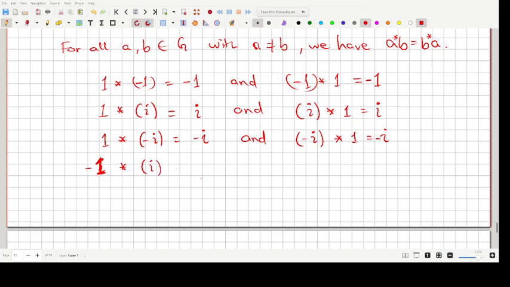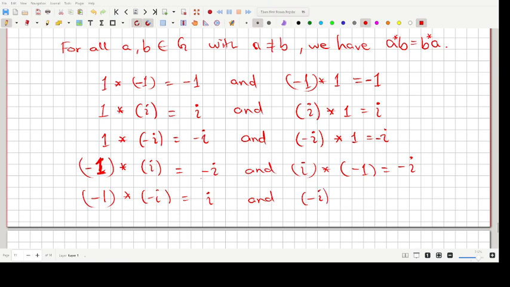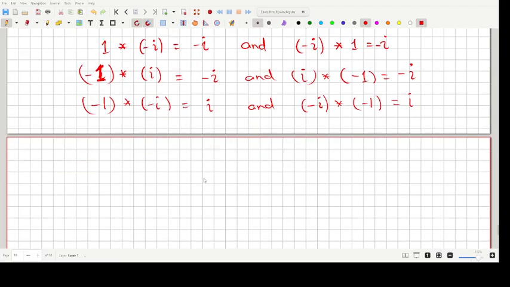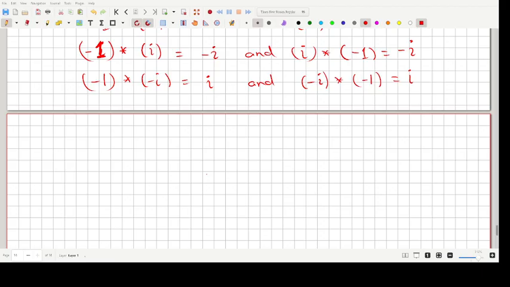Negative 1 star i is negative i, and i multiplied by negative 1 is negative i again. Negative 1 star negative i is going to be i, and of course negative i star negative 1 is also i.